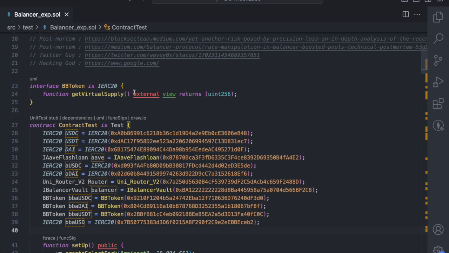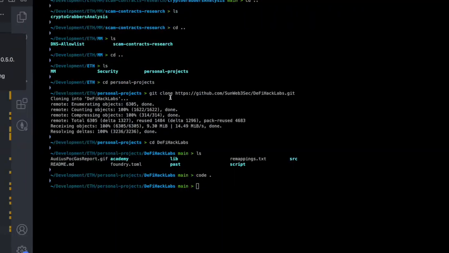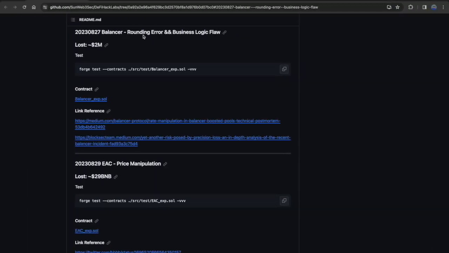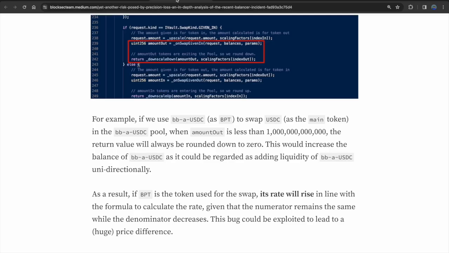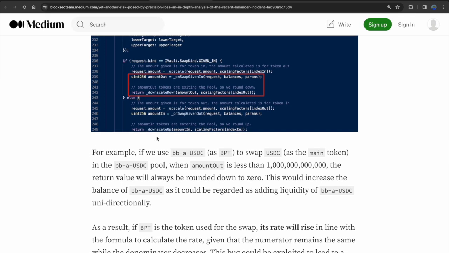To give an overview of the exploit, there's essentially a rounding down error that leads to a business logic flaw. If you're not familiar with rounding down, let's say you divide a few numbers and you end up with 1.5. If you round down, that would be 1.